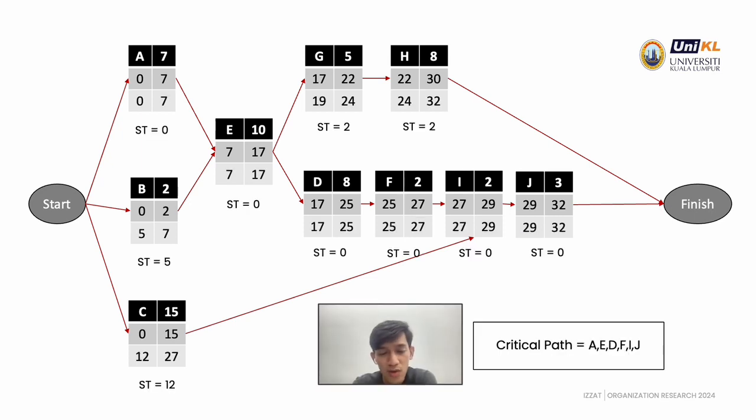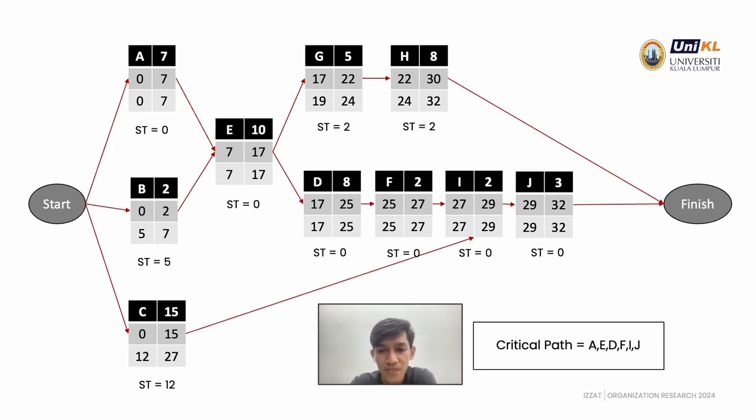Next, we go for how to find the late start and late finish. As you can see, activities H and J are connected to the finish. That is the last task before they finish the project. So both activities are connected to finish. How do we find the late finish? We need to find the maximum number of the earliest finish.